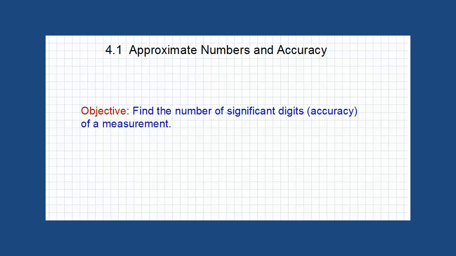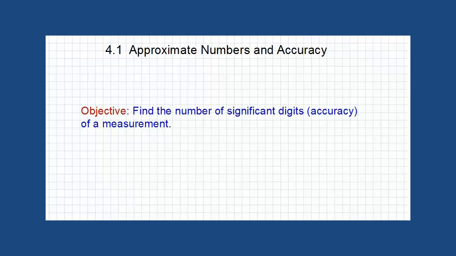As we know, a measurement is the comparison of an observed quantity with a standard unit quantity. A measurement is only as good as the measuring instrument you use.